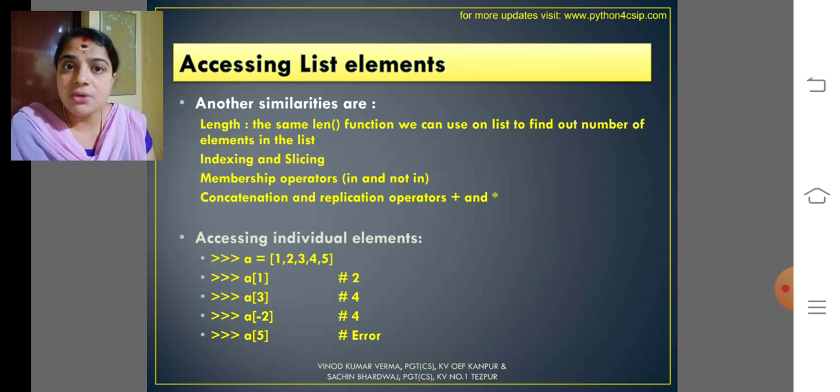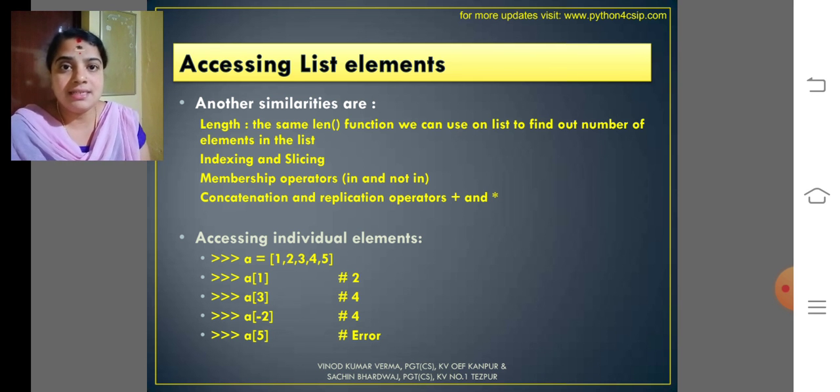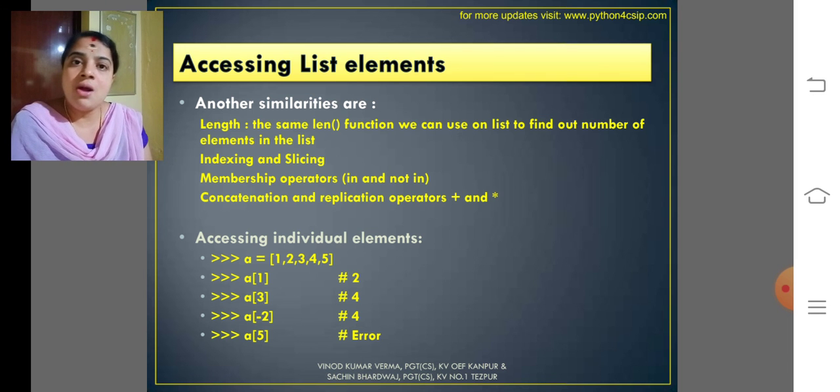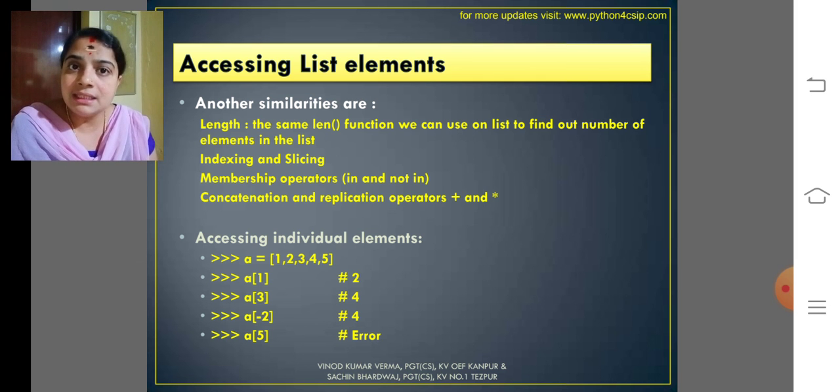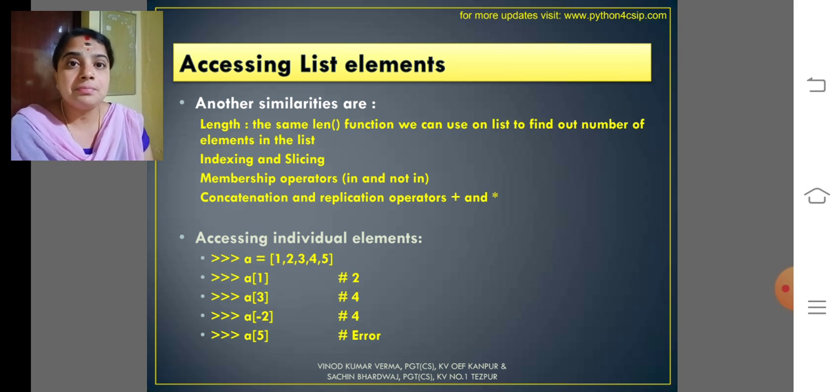Then we can also use the in and not in operators along with lists. Then concatenation and replication operators are also very similar with list elements. We already discussed in strings how to operate, what is the use of len, what is indexing, what is slicing, what are membership operators, and how they can be used with strings, isn't it?